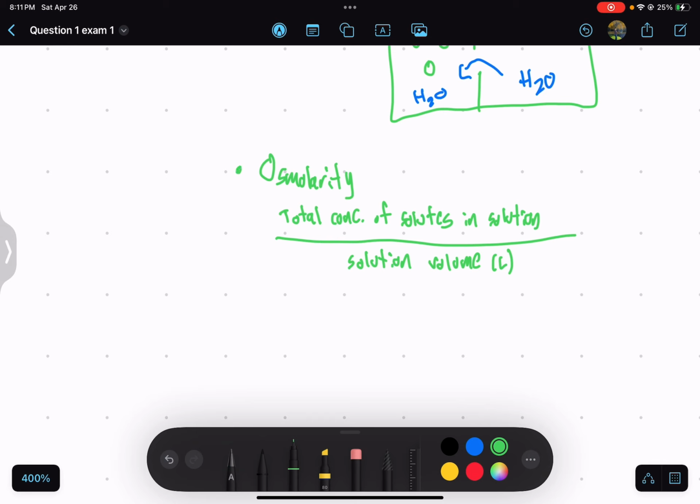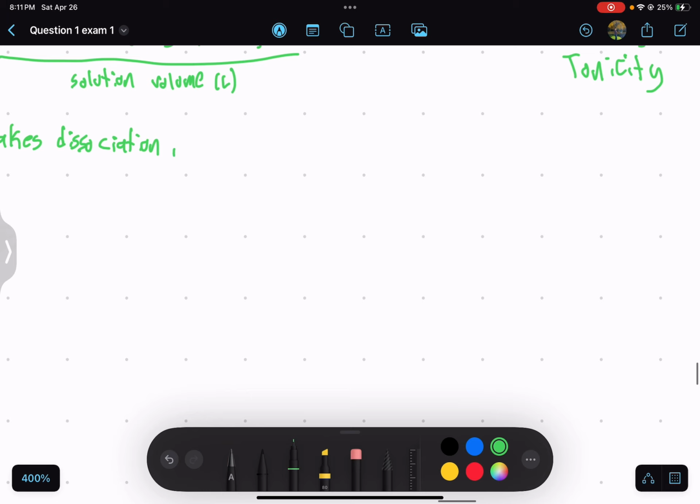With osmolarity, it takes dissociation into account. Such as if you have 1 molar of sodium chloride, when placed in water, it's going to turn into 2 osmoles because the sodium and the chloride will break apart.